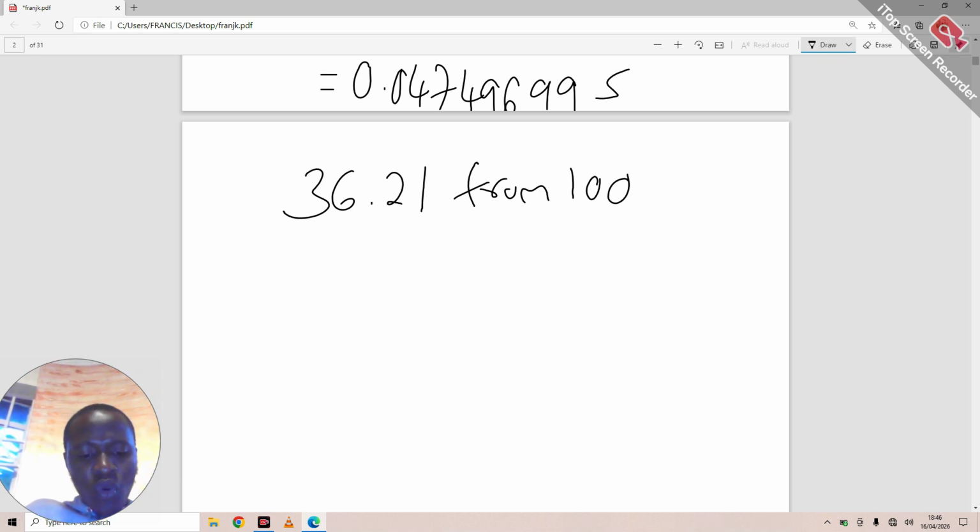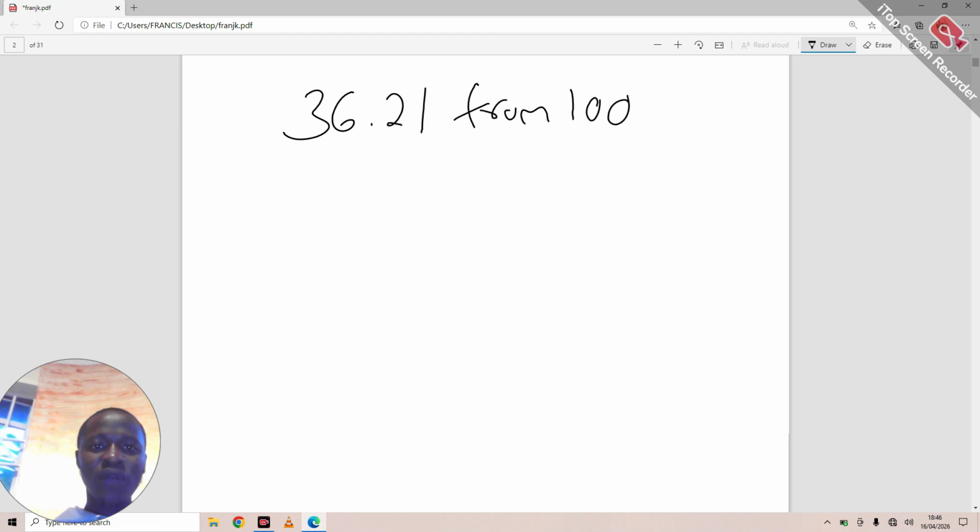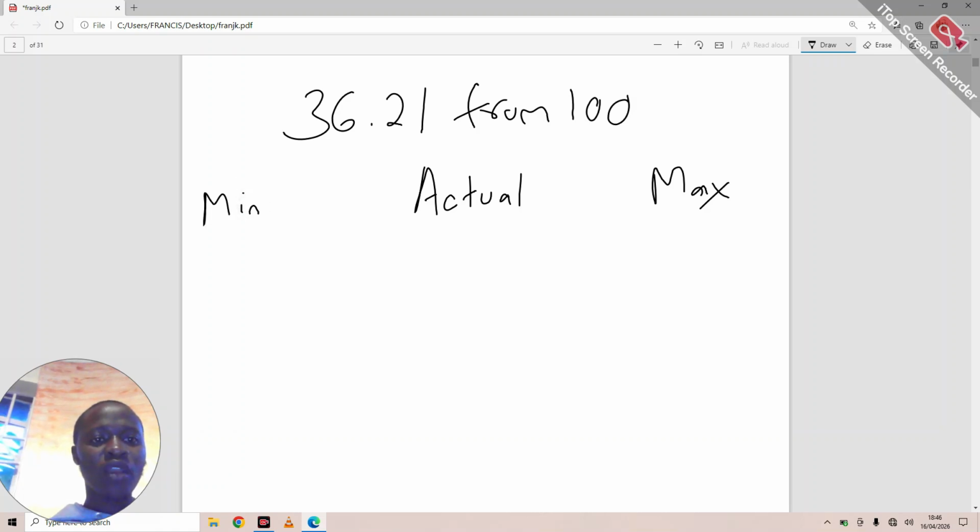What was his absolute error in subtraction? Now, we shall arrange our work as usual. Actual, we have the maximum column and we have the minimum column.